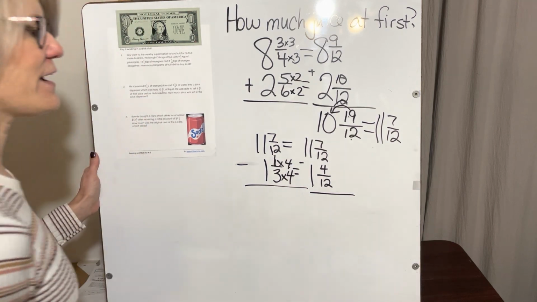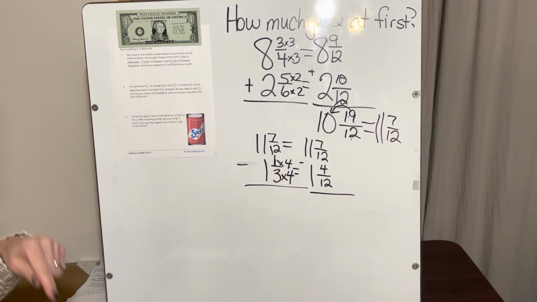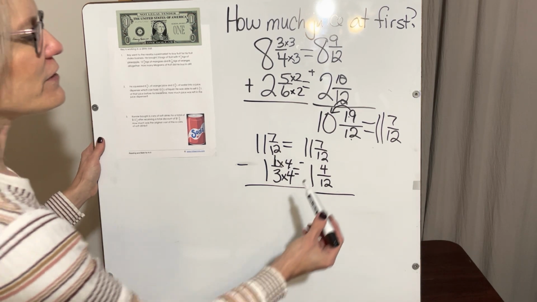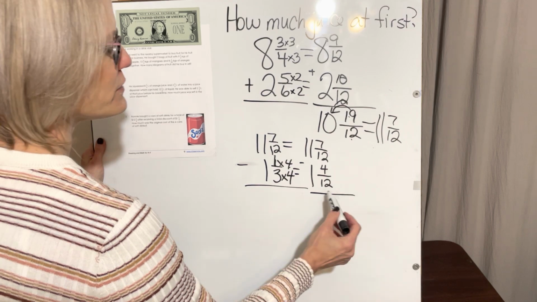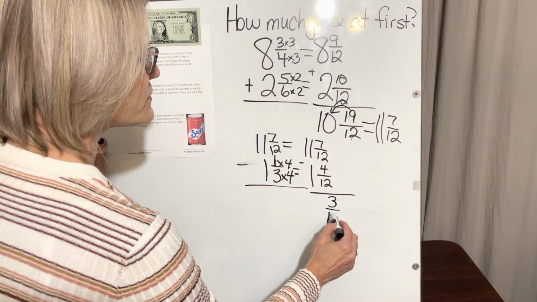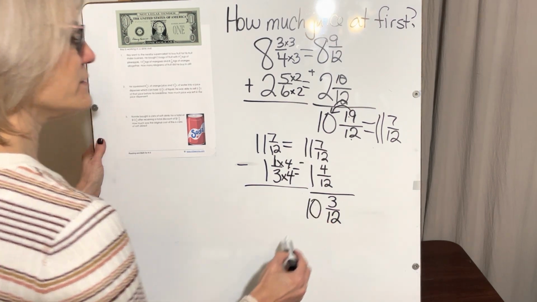I'm going to subtract that because that's what he sold before his break time. So now I've got 7 12ths minus 4 12ths, which would give me 3 12ths. And then 11 minus 1, which would give me 10.